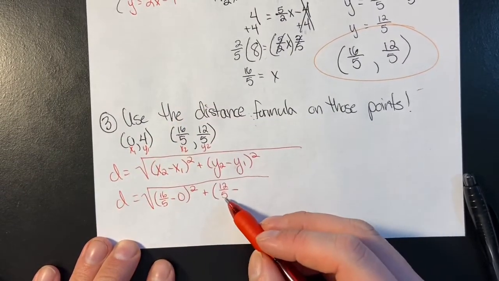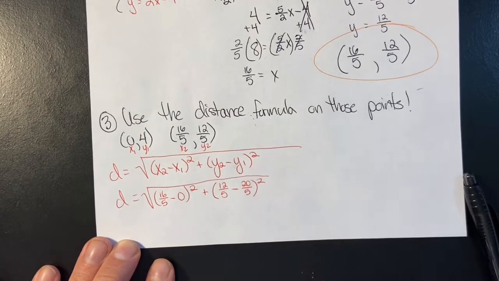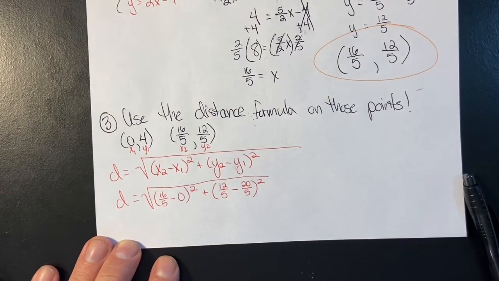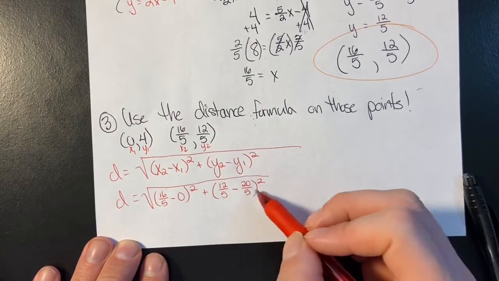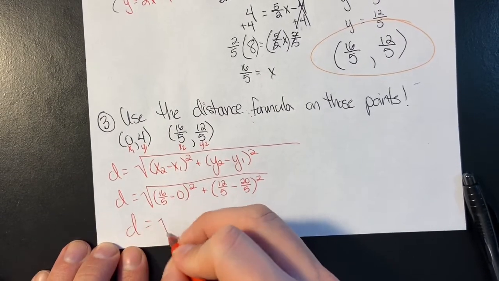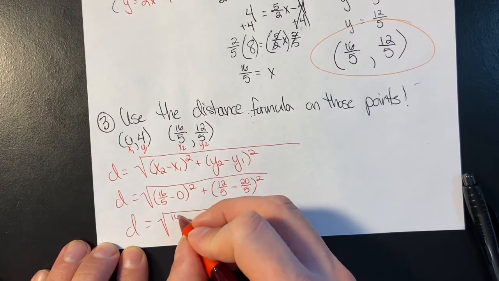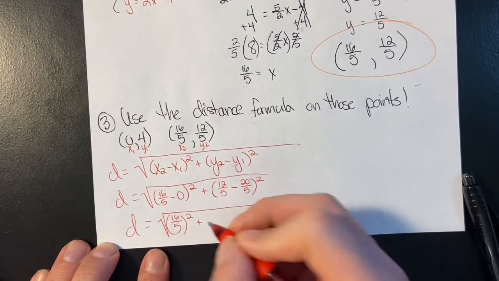So instead of putting 4, I'm going to put 20/5 because that's the same as 4, just to make subtracting a little bit easier. That's supposed to be 4, but I made it 20 over 5 so that I can deal with fractions a little bit easier.